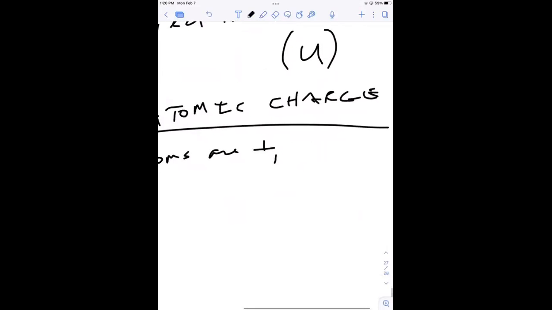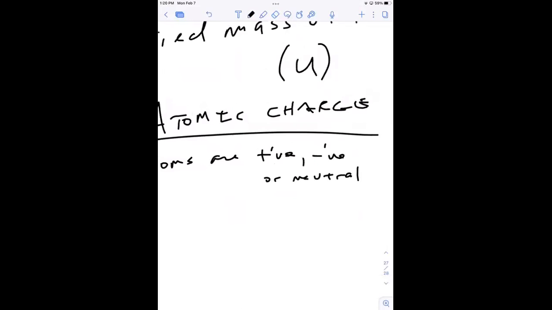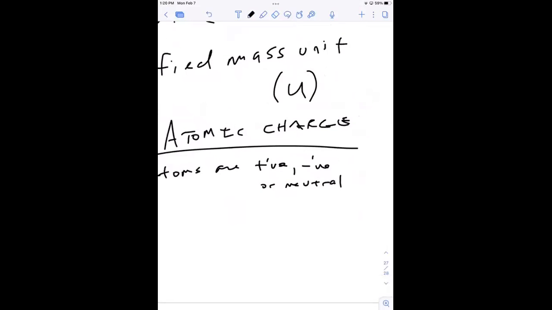I'm going to abbreviate positive. You may not have ever seen this before, so don't panic. Or you probably have. So positive, negative, or neutral. For the record, most of the times, your atoms and different elements prefer to remain neutral.